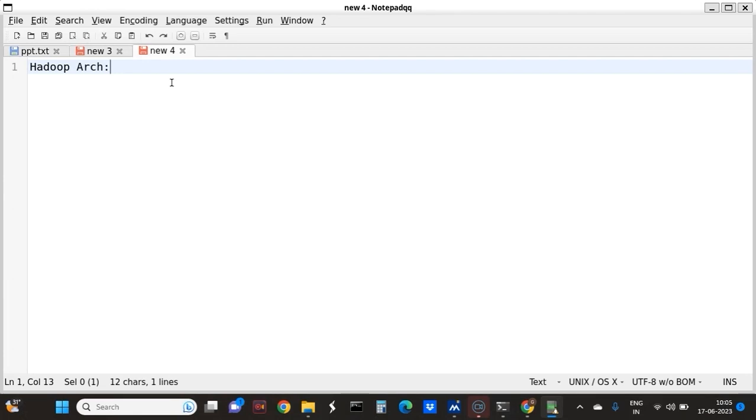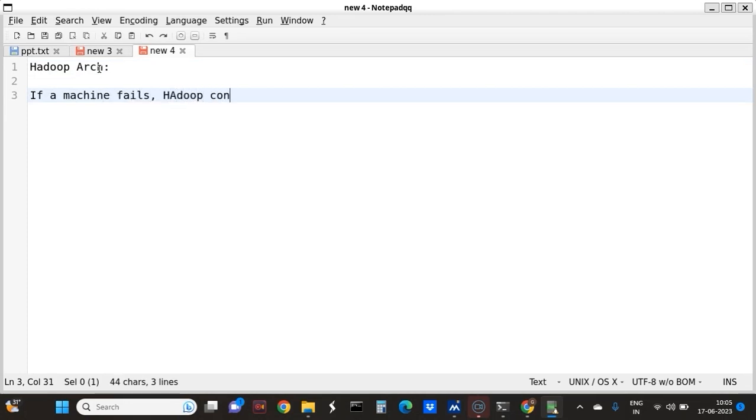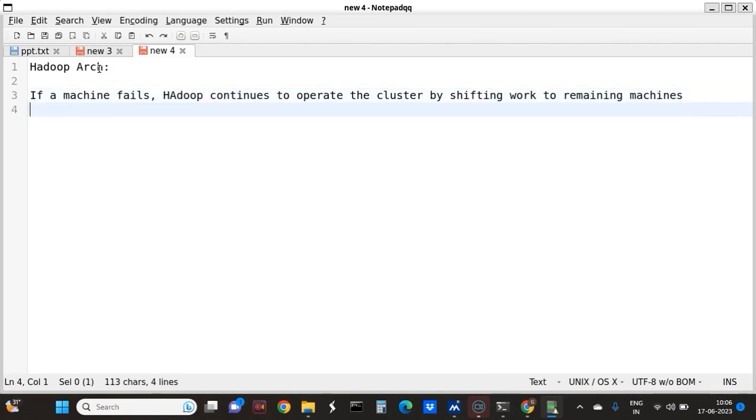If a machine fails, Hadoop continues to operate the cluster by shifting the work to the remaining machines. That is what is called fault tolerance.